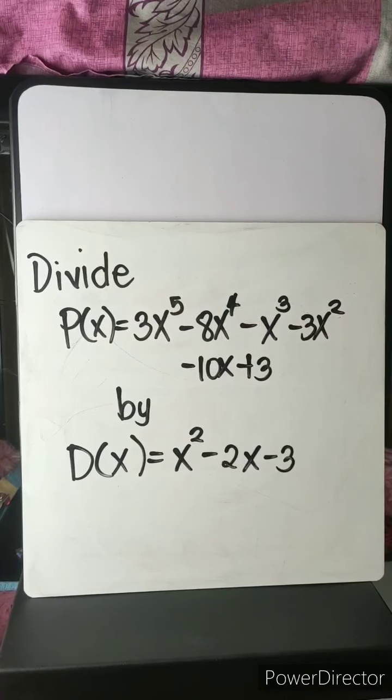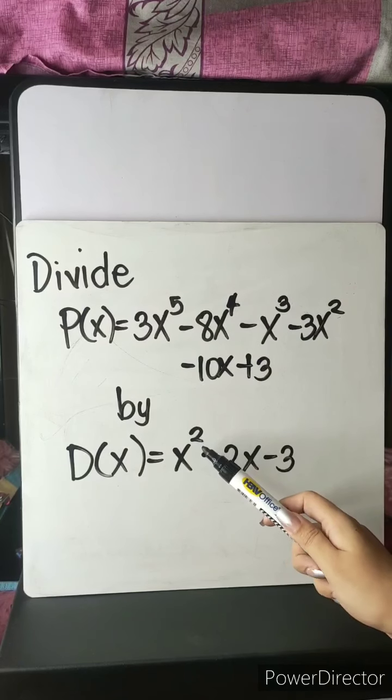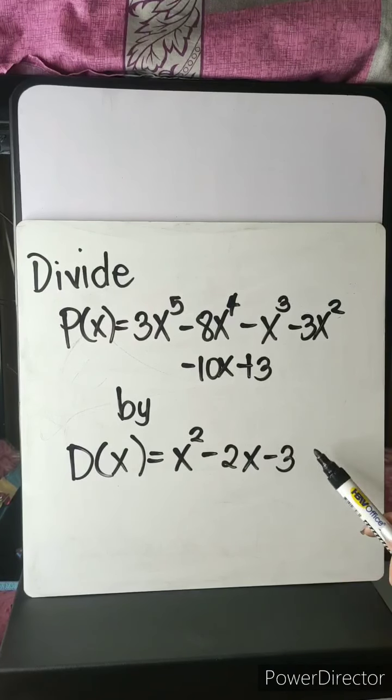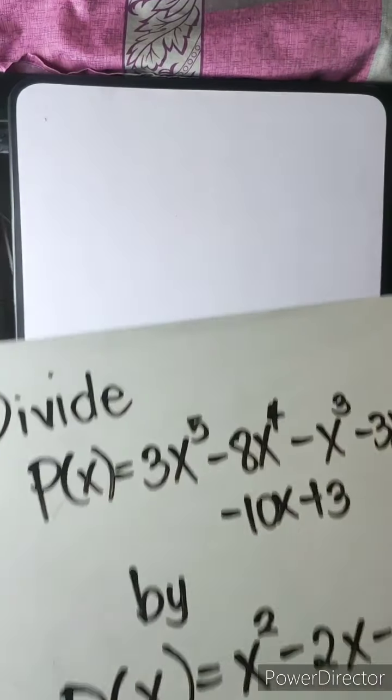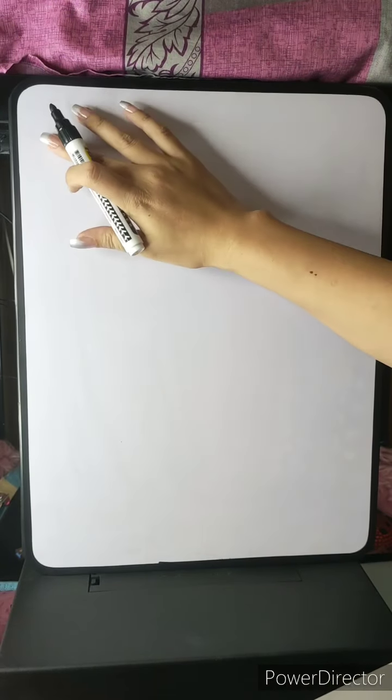So, wala tayong isusulat na 0x squared o kaya 0x raised to 3 kasi po sa ating highest degree, pababa ay kompleto na po. The same way with our divisor, highest exponent or our degree is 2nd degree, may 1st degree, may 0 degree. So, let's write our dividend and our divisor in division form.